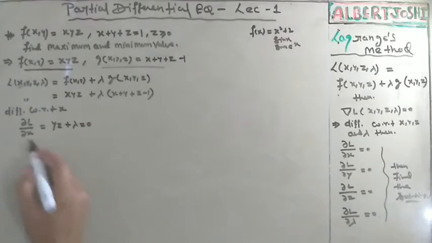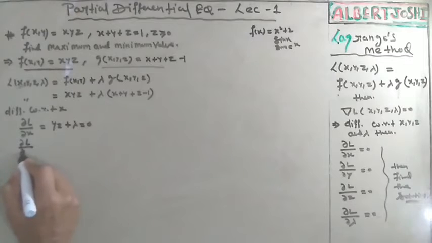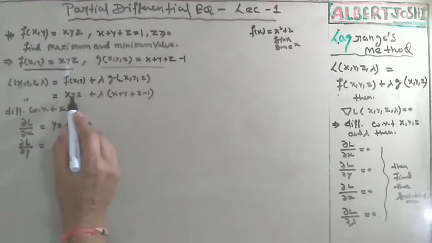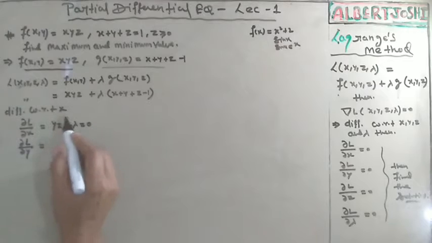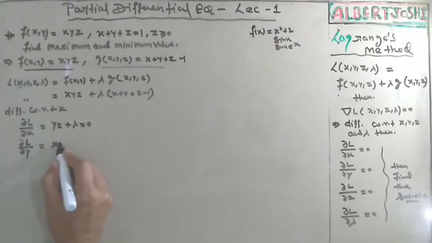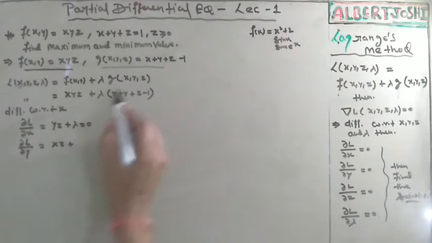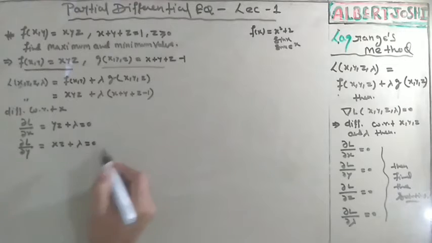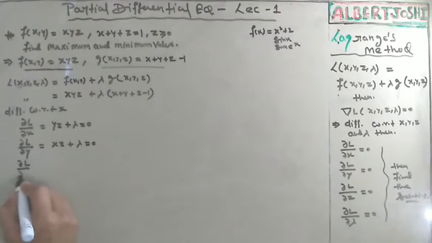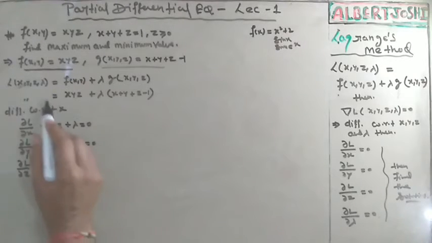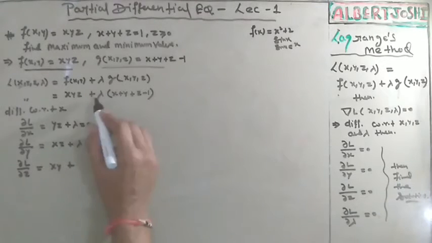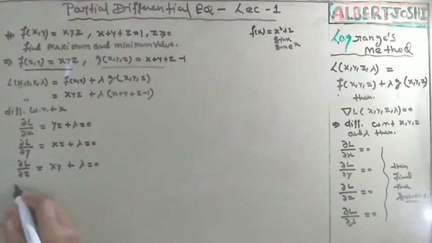Then again differentiate with respect to y, treating the others as constant. The derivative of y is 1, so you get xz, plus lambda, equal to 0. Again, del L upon del z is xy plus lambda, equal to 0.